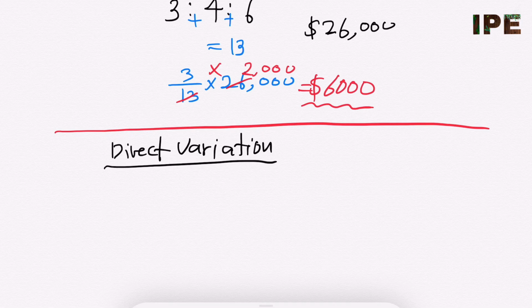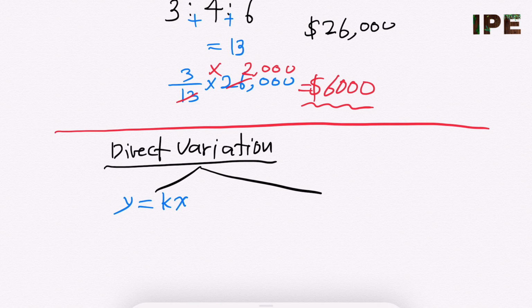So you can use two different ways. The first way is what we call the direct variation equation, which is y equals k times x. If y is directly proportional to x, or y varies as x, you can use this equation y equals kx. This is the direct variation equation.